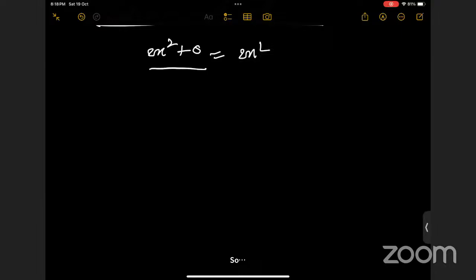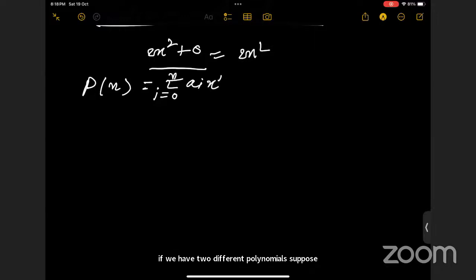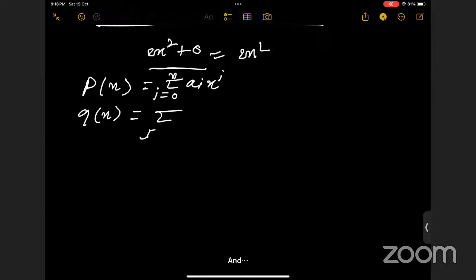So if we have two different polynomials, suppose p of degree n, and q, another polynomial of degree m.